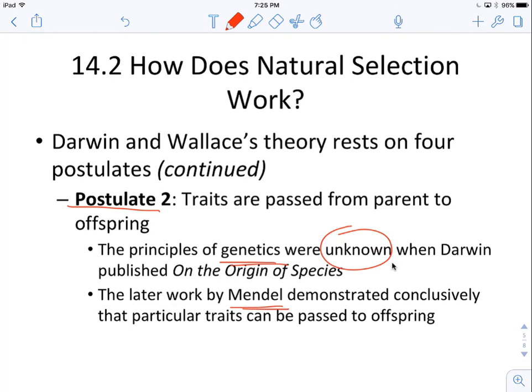Mendel later demonstrated basically that particular traits can be passed on to offspring. But Darwin almost didn't know that he was kind of basing all of his theory on the fact that traits are passed down genetically from parent to offspring.